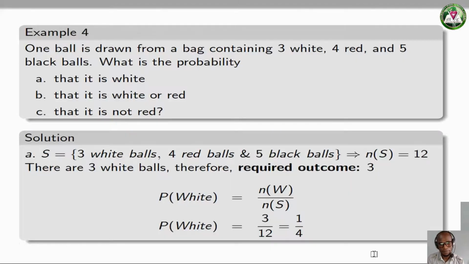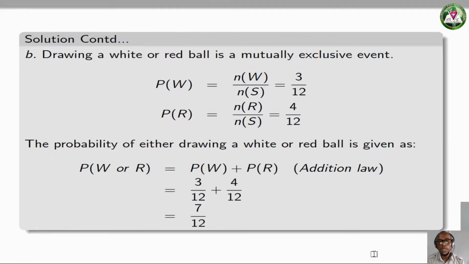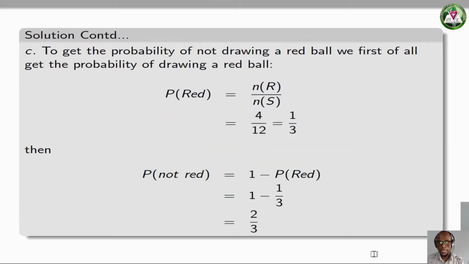So going to our example, we're asked to find the probability that the individual is not going to pick a red ball. First, we have to get the probability of picking a red ball, which is number of red balls over total number of balls, which is 4 over 12, which can be reduced to 1 over 3, as we saw in our previous example.